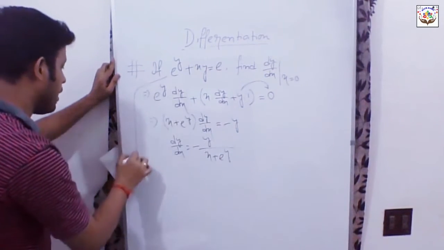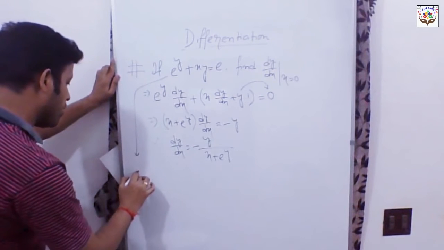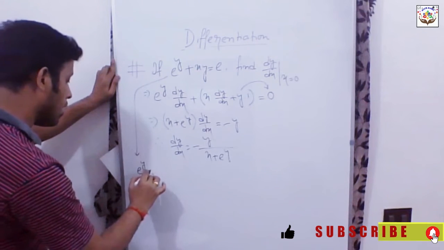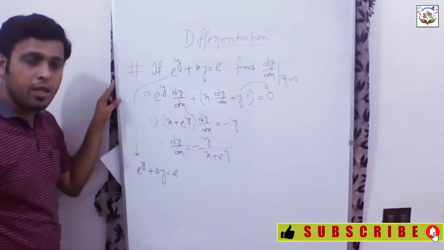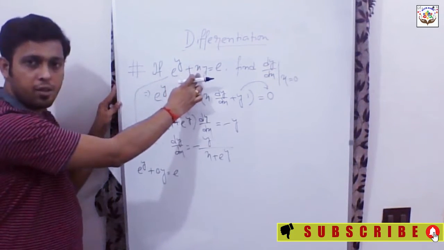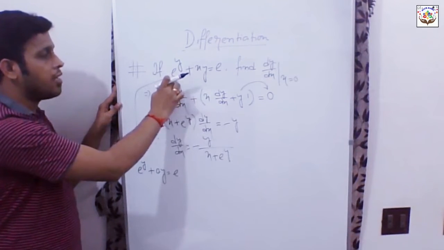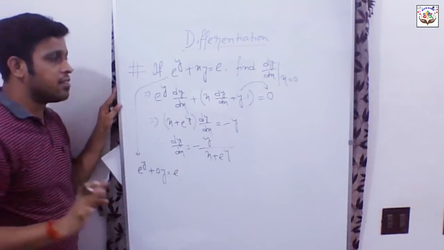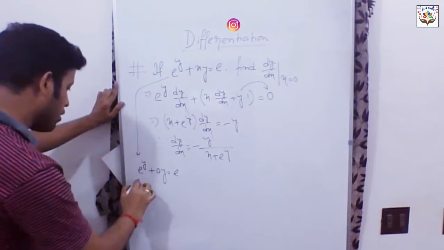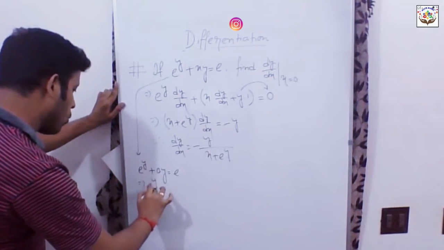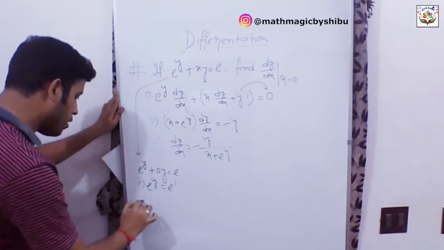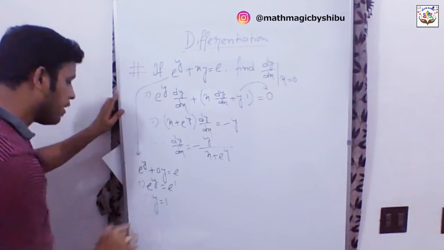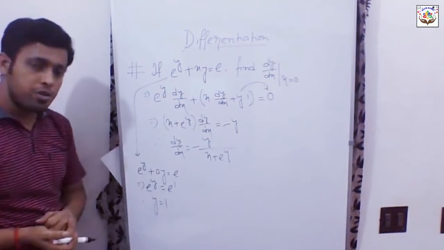So from our main expression, if we put x as 0, just check what I am doing. I am just putting x as 0 in this expression and keeping the y part as it is. Okay. So it would be e to the power y equals e. So e can be considered as e to the power 1. So we know y will be equal to 1 when x equals 0.